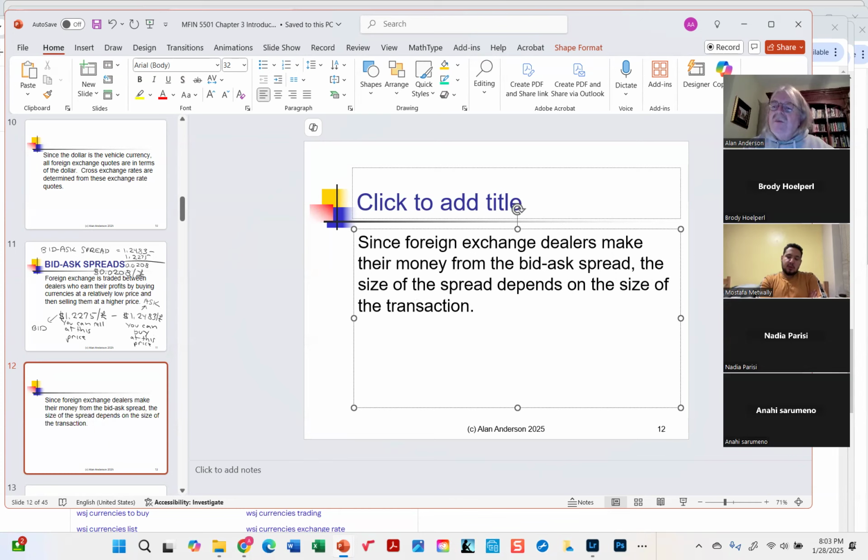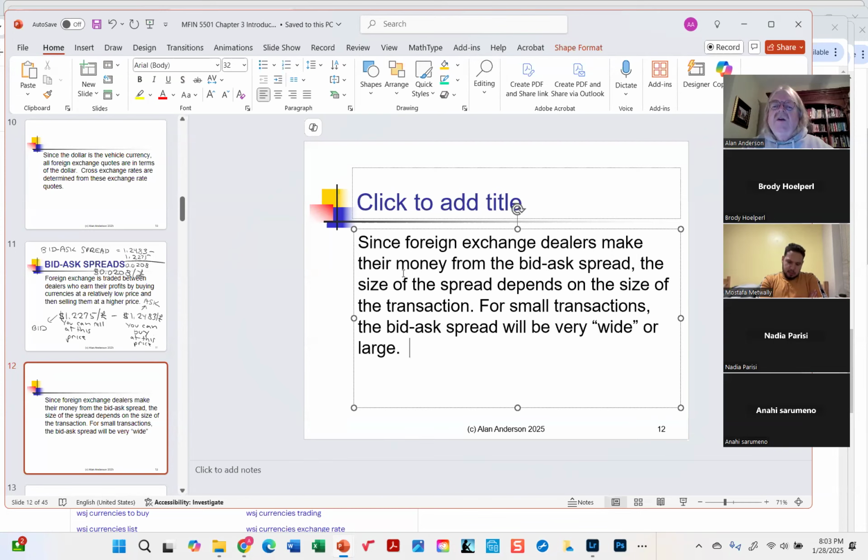This is what you might have experienced if you've ever traveled. For small transactions, the bid-ask spread will be very wide or very large. For large transactions, it'll be the other way around.